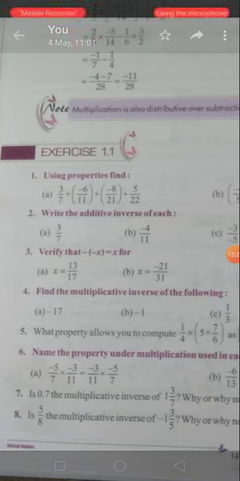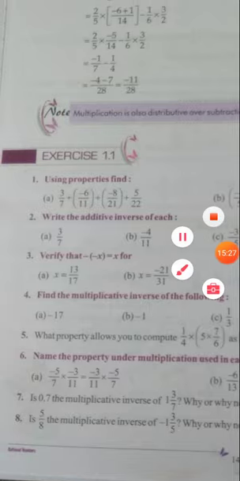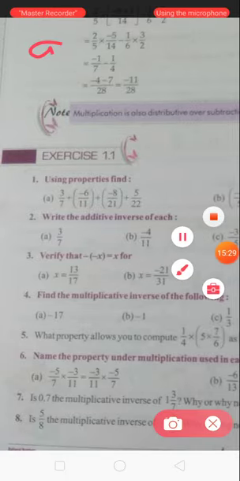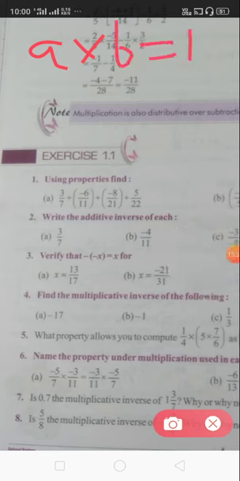What I have told you is, if you choose two numbers a and b, and a into b gives the product 1, meaning you get the identity, then you say b is the inverse of a.